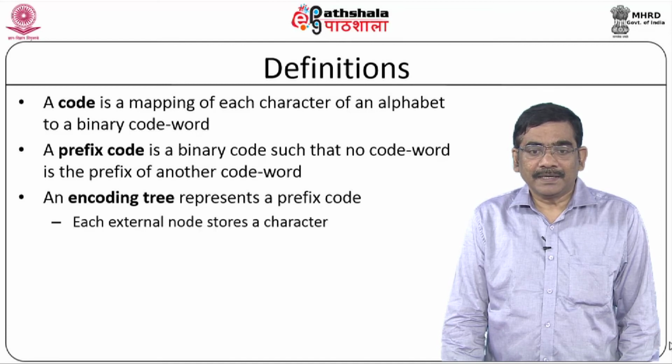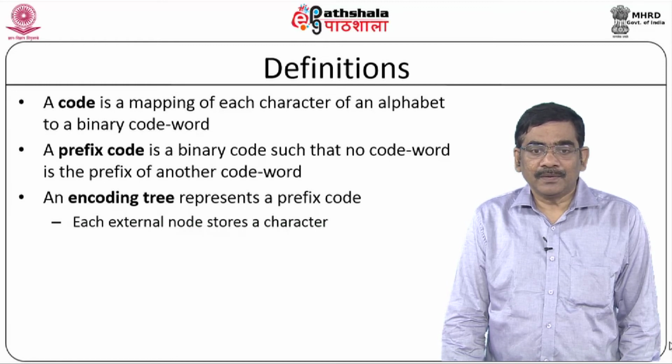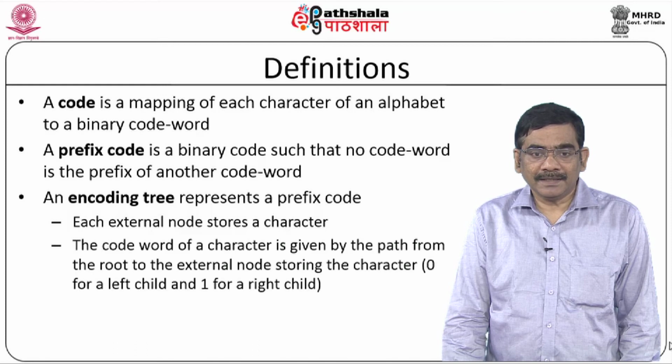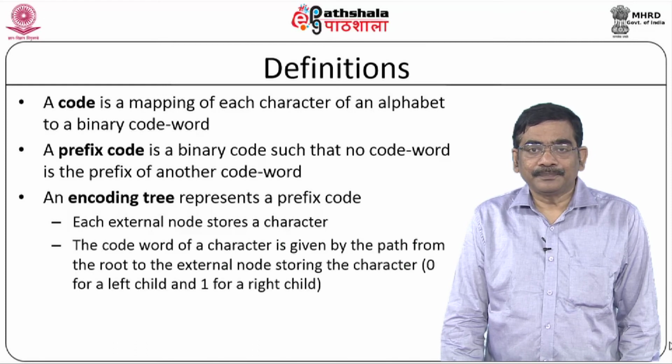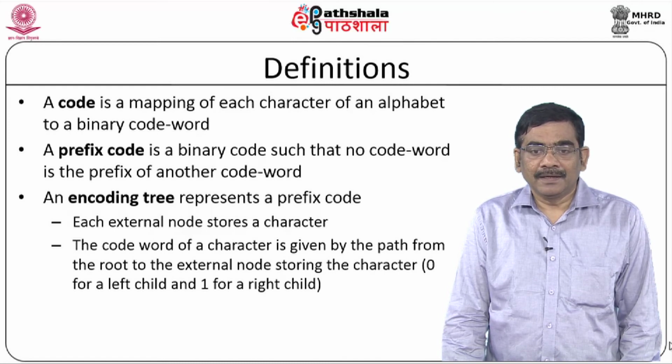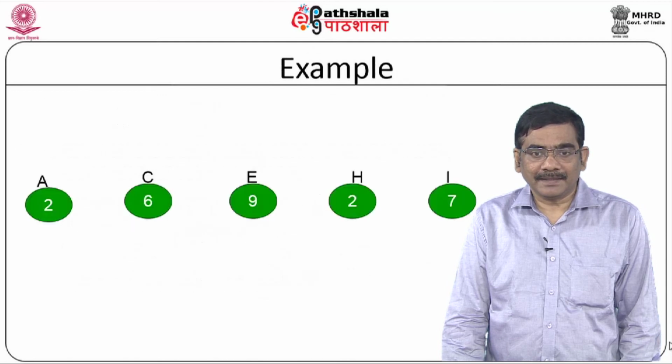The encoding tree represents the prefix code, where every external node stores a character, and the code is given by the path from the root to the external node, where every edge is given 0 on the left hand side and 1 on the right hand side.